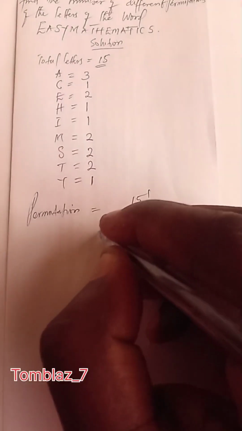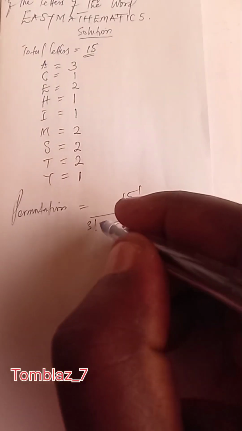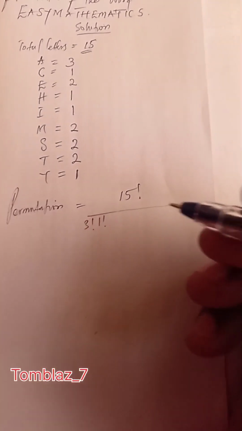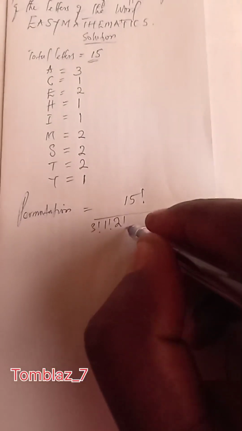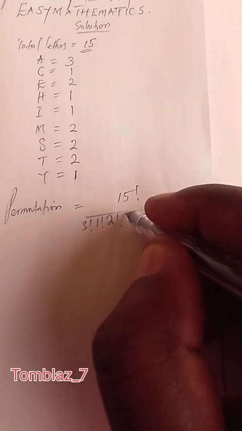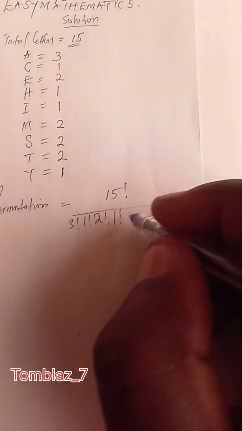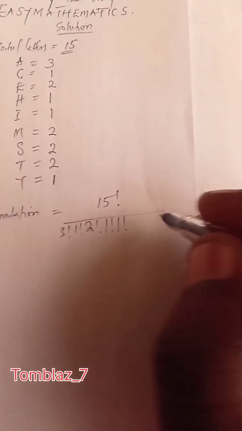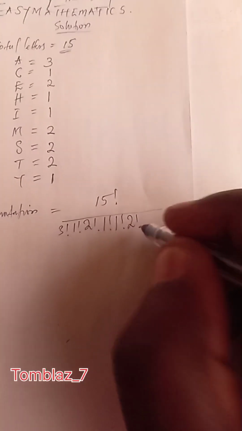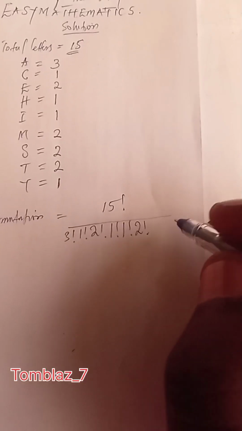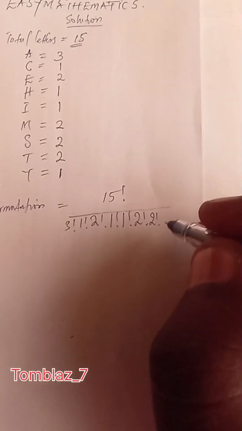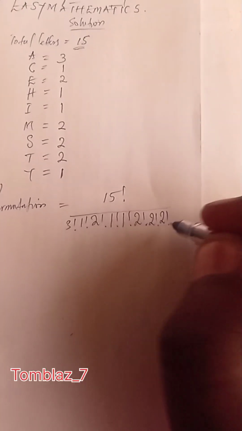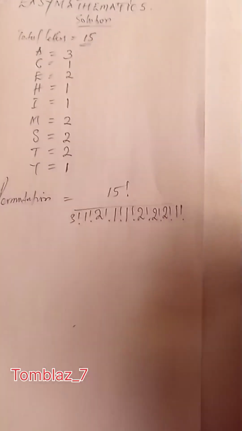So for A, we have 3 factorial. For C, 1 factorial. E, 2 factorial. H, 1 factorial. I, 1 factorial. M, 2 factorial. S, 2 factorial. T, 2 factorial. Y, 1 factorial.